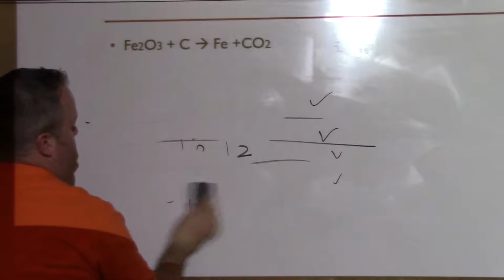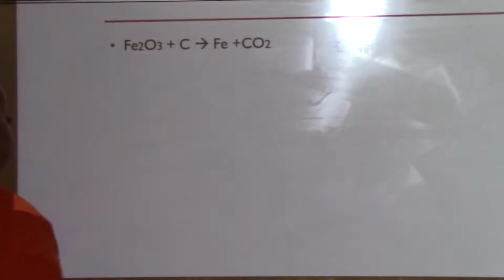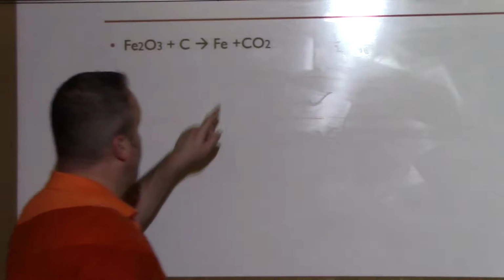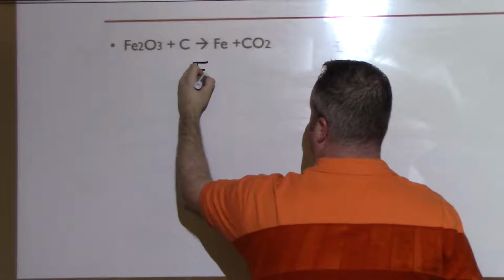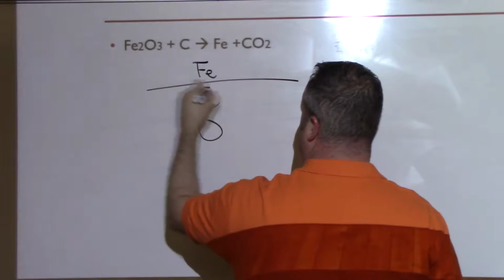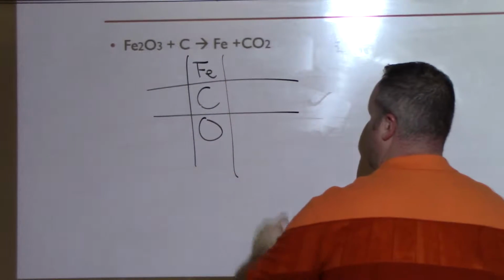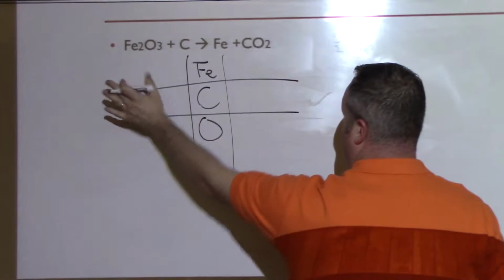Here I have some iron oxide, and it's going through a reaction, and it's creating carbon dioxide in the process. So I'm going to list my elements: iron, carbon, oxygen, just like that, being a little neat with my chart here. Let's look at what we have currently.